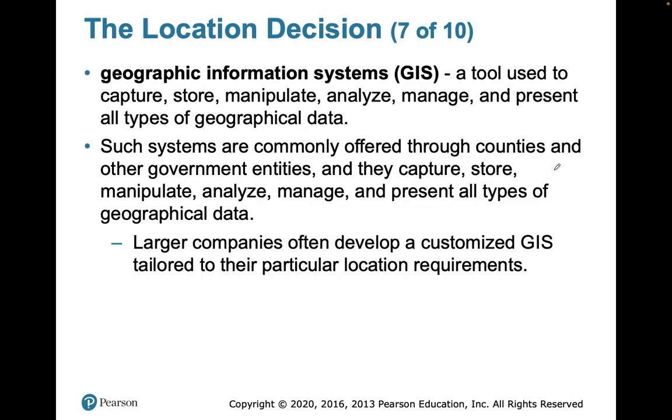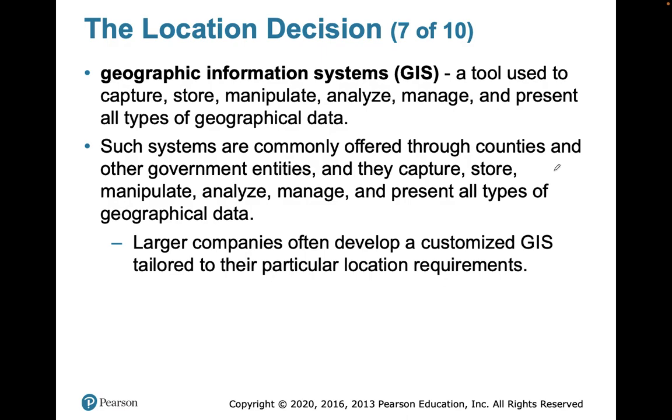So moving on, we're going to look at the location geographic information system. This is another method for location decision, using a tool to capture, store, manipulate, analyze, manage, and present all types of geographical data.